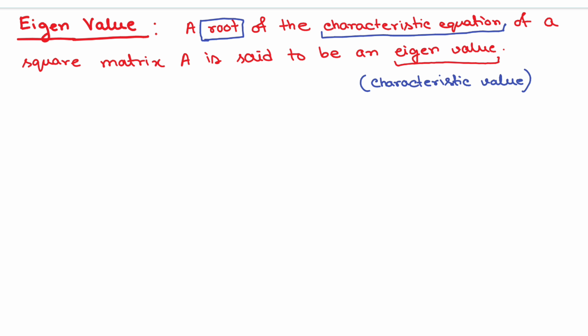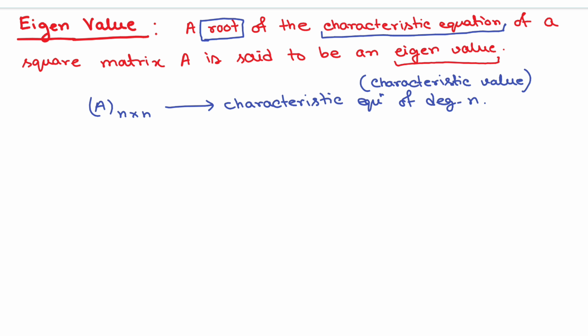Clear? If the matrix is of n order, so obviously the characteristic equation will be of degree n. Yes or no? In my last lecture I have told you that if the matrix is an n by n square matrix, then the characteristic equation will be of degree n.